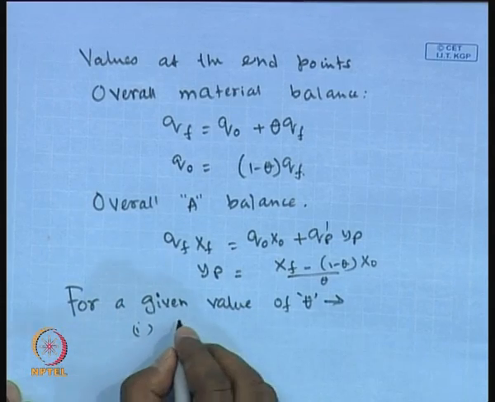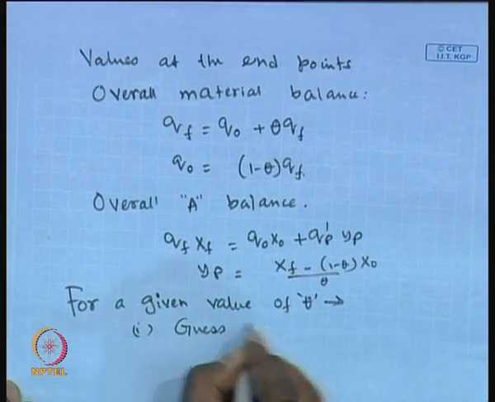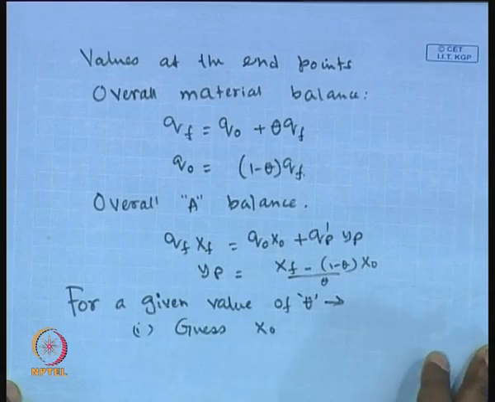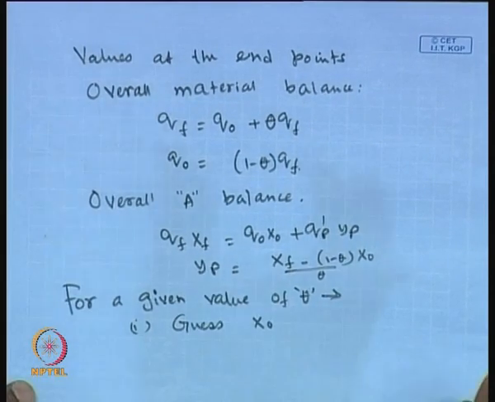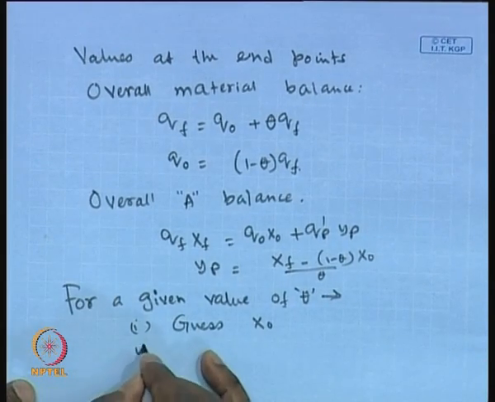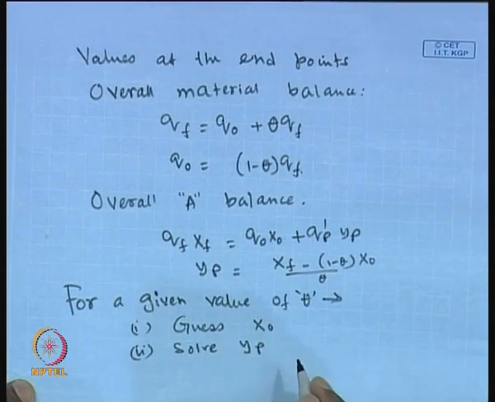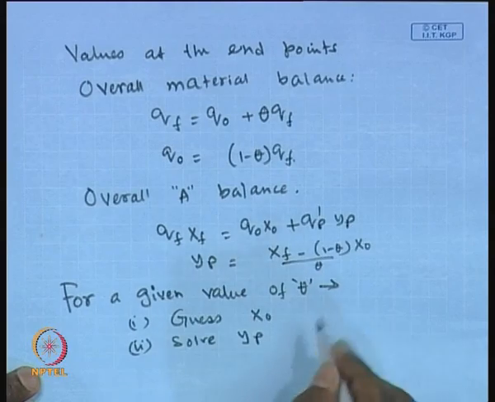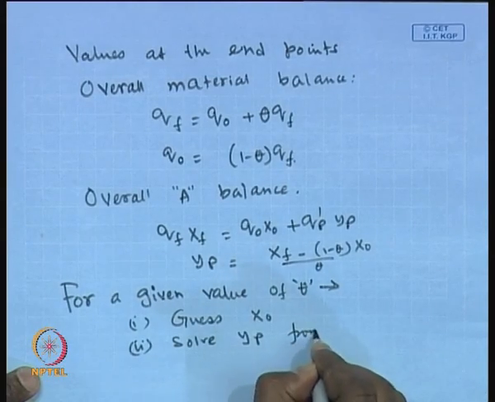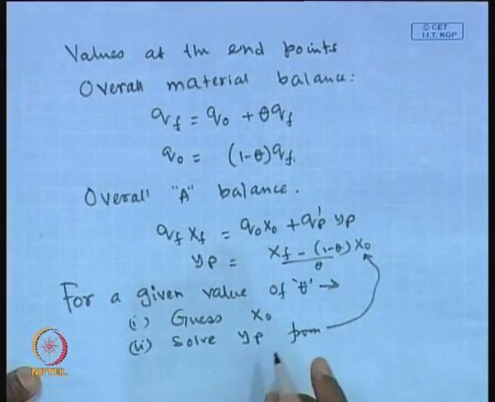Okay. Now, for a given value of theta, what you have to do? You have to guess a value of x0, that is the composition at the reject stream at the outlet. Then you have to solve Yp from this equation. Okay.